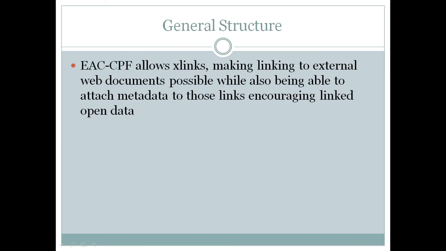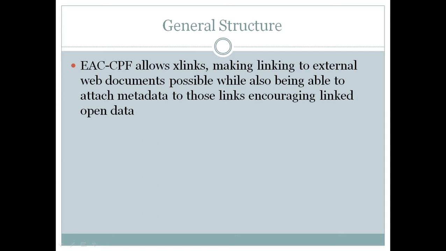So one of the cool things that EAC-CPF does is it allows for X-links. X-links allow you to attach metadata to your links as opposed to your regular old a href. That is just your link. It takes you somewhere else or somewhere internal in your own document. The X-link lets you tell your web browser, where does this link go to?